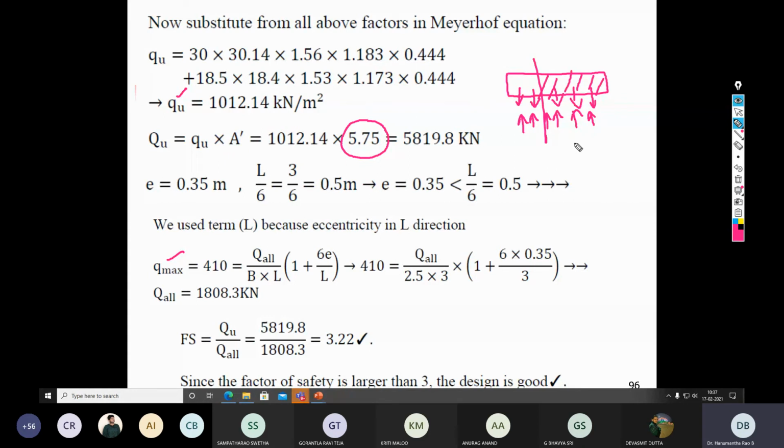I don't know whether I could explain properly or not. Suppose I take the plan view of the footing, so only this hatched area is contributing for load transfer, not the overall area.